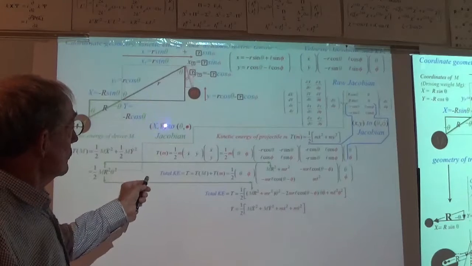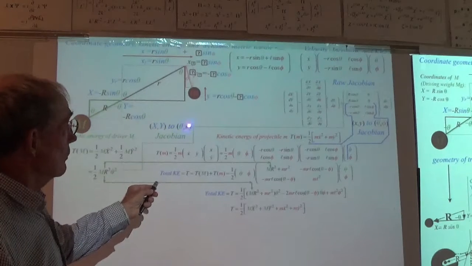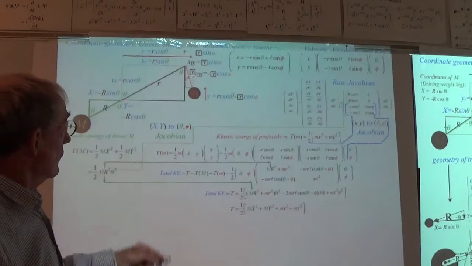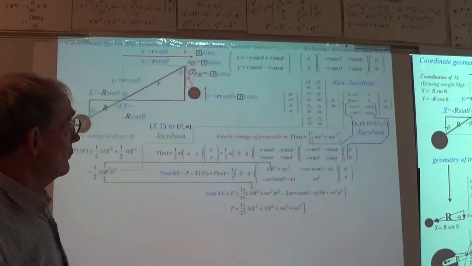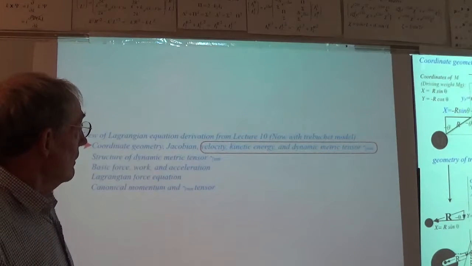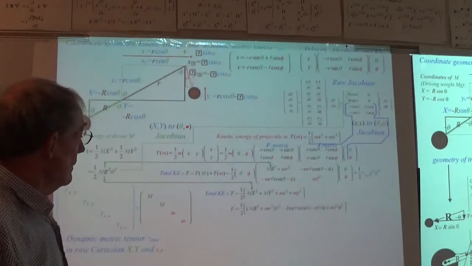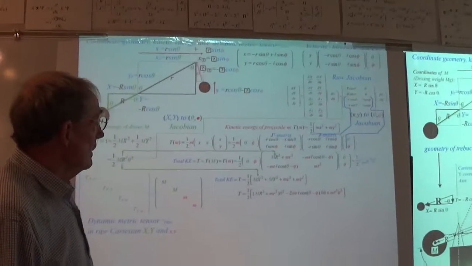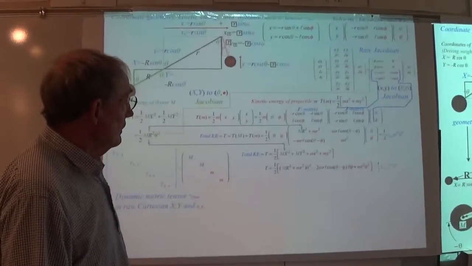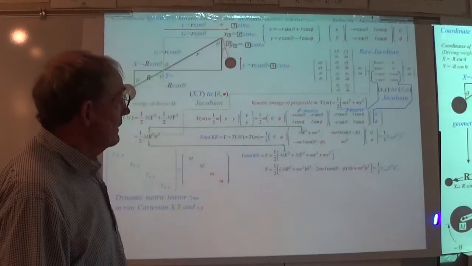This is the xy to theta, and then the other coordinate doesn't count for the big X and the big Y of the driver. All right. So here's where we start, and the idea is to go ahead, get the kinetic energy written there. Get this thing.